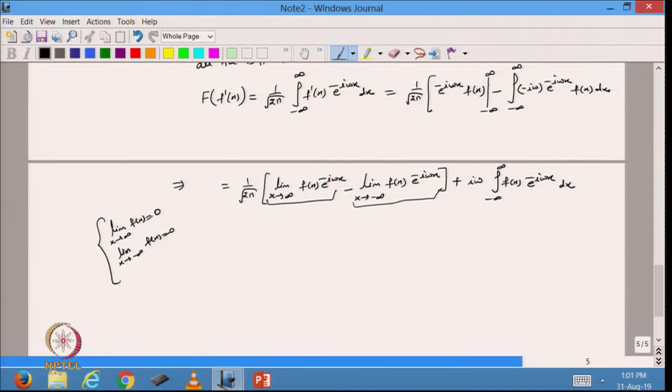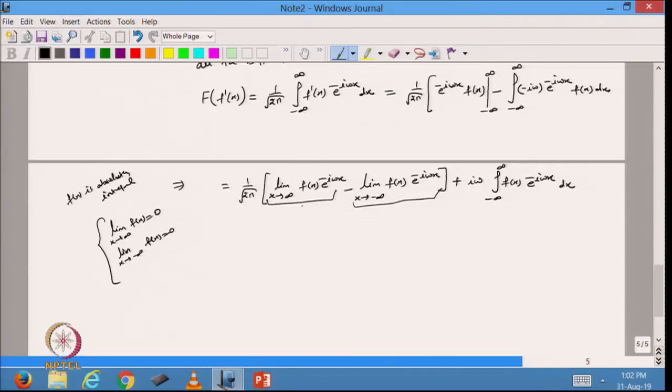So, these two are the consequence of the function if my f(x) is absolutely integrable, because it is not possible that the function is not going to 0 for a very large value of x in the case of x tends to infinity and very small value for x tends to minus infinity, because if that is there, then you cannot have that the value of this integration will be finite. So, this is the result from absolute integrability.